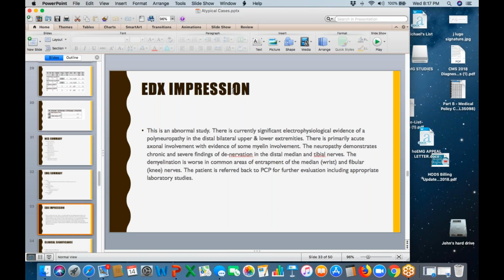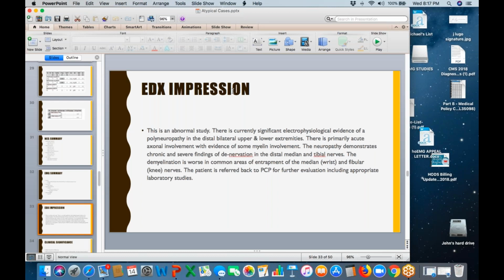Depending on the location, the chronic findings were localized to just the median and tibial nerve muscles, while the demyelination was present mainly in the common areas of entrapment of the median and fibular nerves. So it was not diffuse demyelinating like you may see in diabetes or Guillain-Barré, but rather spotty demyelinating, mainly focused at the common sites of compression.